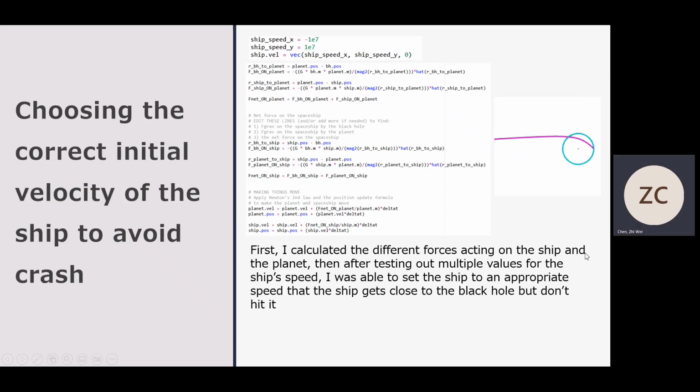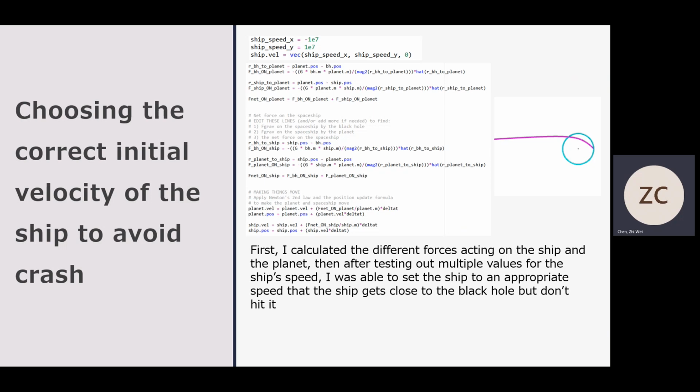So for part 2 of the lab, we had to choose a correct initial velocity of the ship to avoid crashing into the planet and the black hole. So first we have to calculate the different forces acting on the ship and the planet, and then test out multiple values of the ship speed.